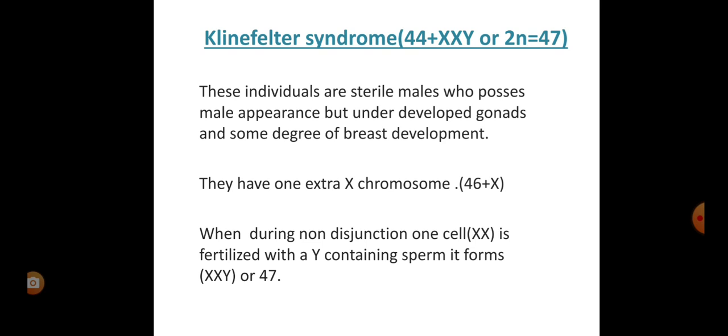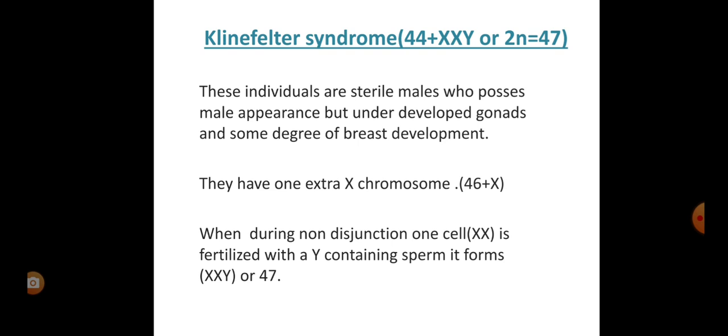Next is Klinefelter syndrome. In Turner syndrome, we have seen the total number of chromosomes is 45. But in Klinefelter syndrome, the total number of chromosomes is 47. That means addition of one extra X chromosome. These individuals are also sterile because there is no proper gonadal development.